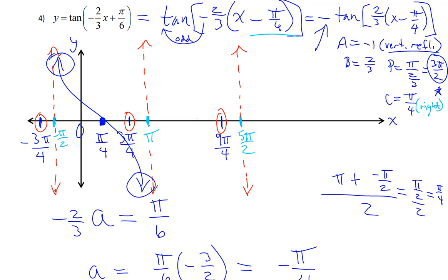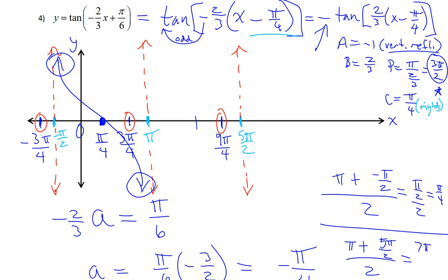Okay, so that's one of our branches. We're trying to graph two periods, so we'll find the next one as well, which would be the average between pi and 5 pi over 2. Let's do the same thing there, add those up, divide by 2. So that would be pi plus 5 pi over 2, all over 2. A common denominator would be 2 over 2 pi plus 5 over 2 pi, which is 7 over 2 pi.